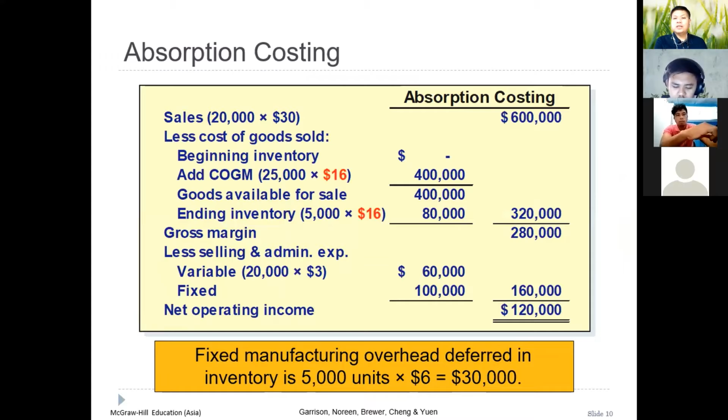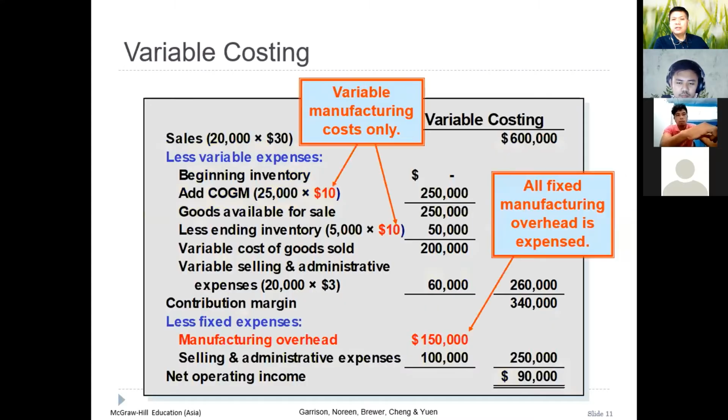That is included in the 80,000. I repeat, the difference of 30,000 is equivalent to the amount of fixed manufacturing overhead that is there in the ending inventory. And it is 5,000 times 6, it is 30,000. Okay?